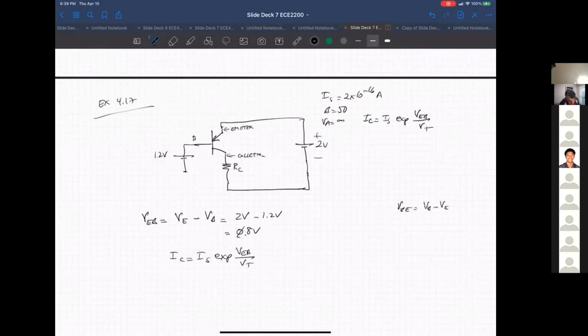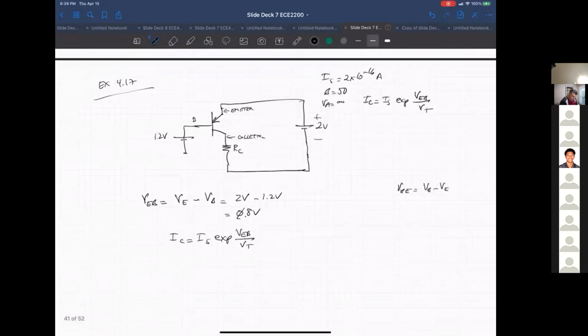The PNP has its own early effect, but we're ignoring it here. Notice, I don't know if you looked at the homework, but a lot of the time the default beta in these problems is 100 for NPNs, and the beta on PNPs here implies it's not as good as on NPNs, part of the problem with PNPs.